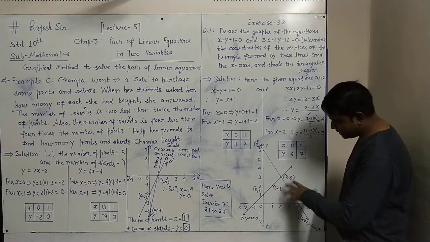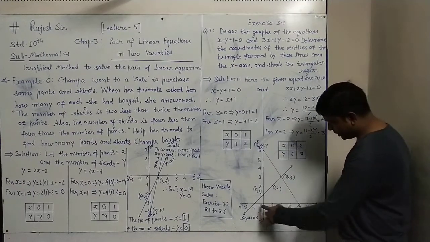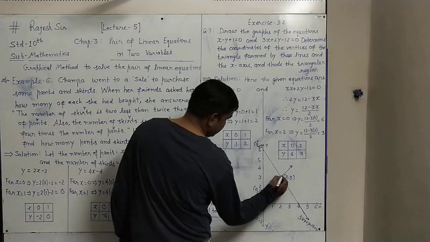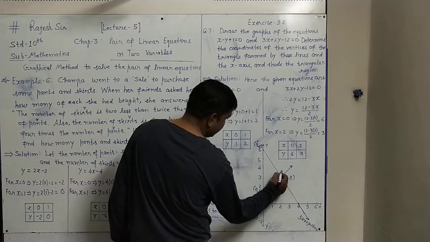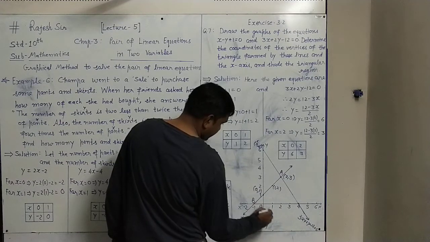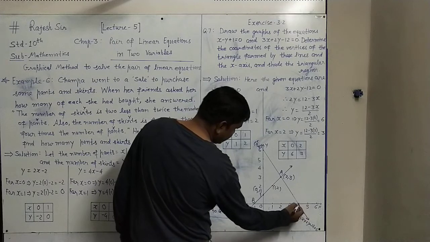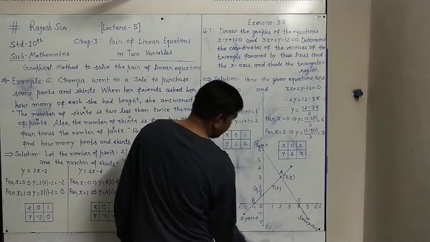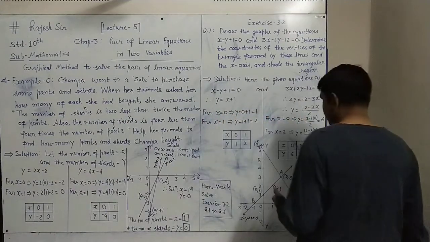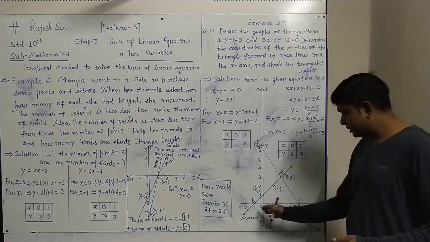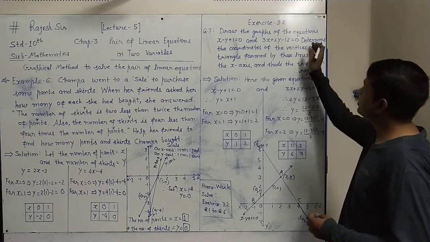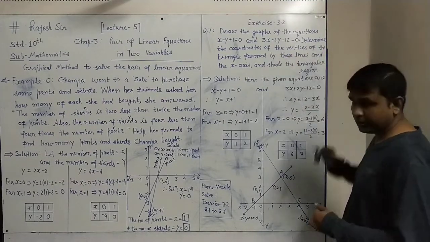All 3 are intersecting at points like this. If I name the intersection of the given 2 lines as A, this line and the x-axis as B, and this line and the x-axis as C, we have to write the coordinates of the vertices A, B, C.